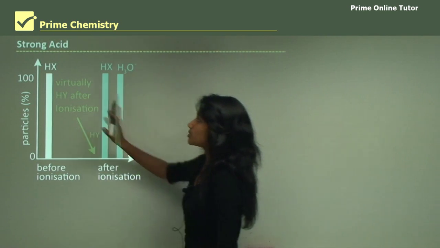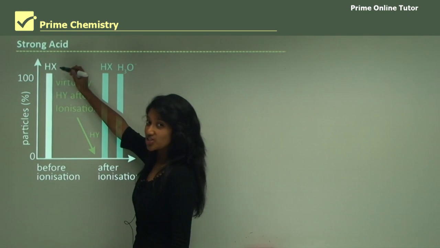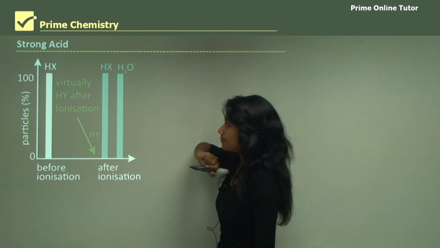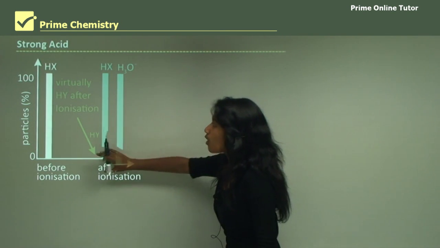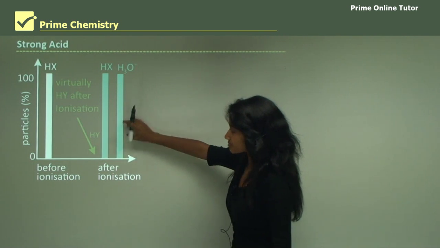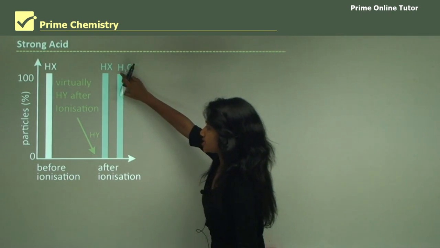In a strong acid, this is different. Taking the monoprotic acid HX here, all of the HX is dissociated.